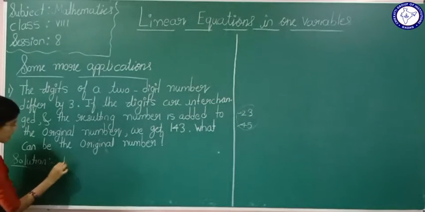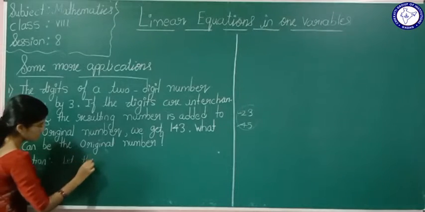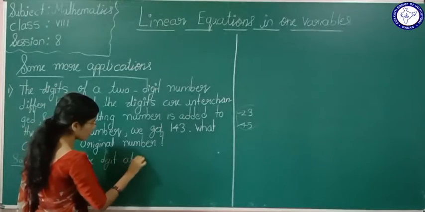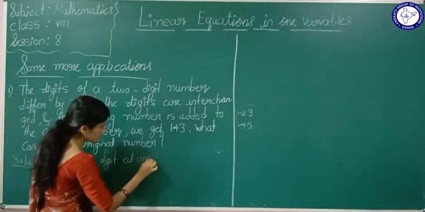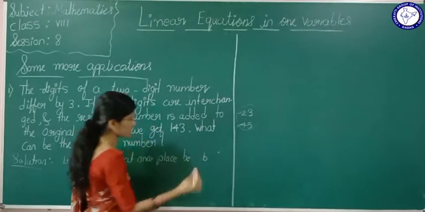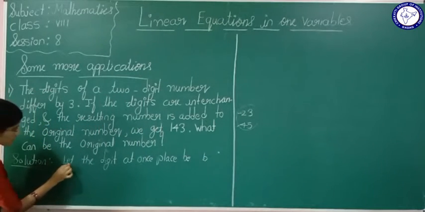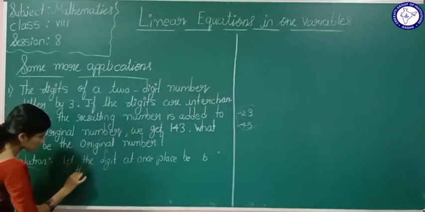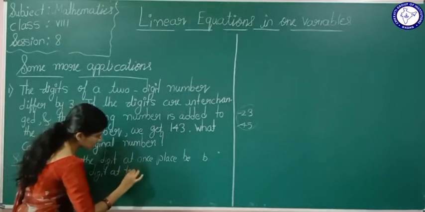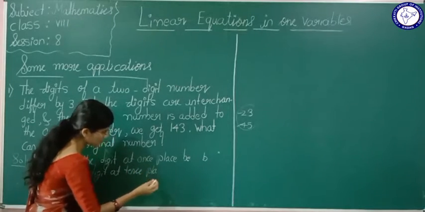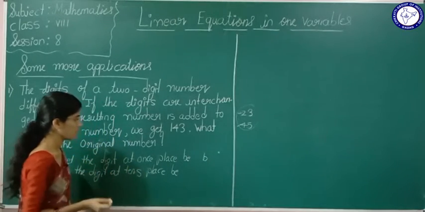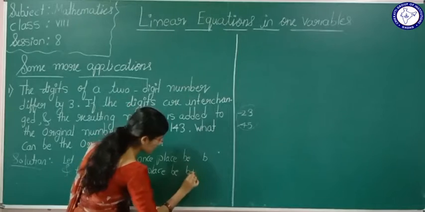See here. Let the digit at one's place be b, and the digit at tens place be b plus 3.